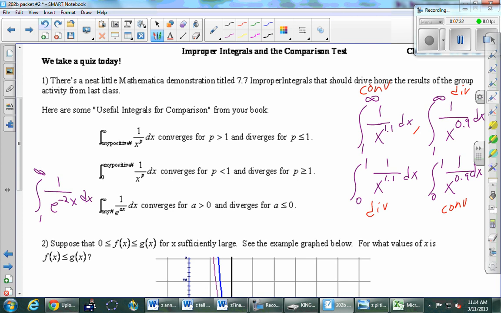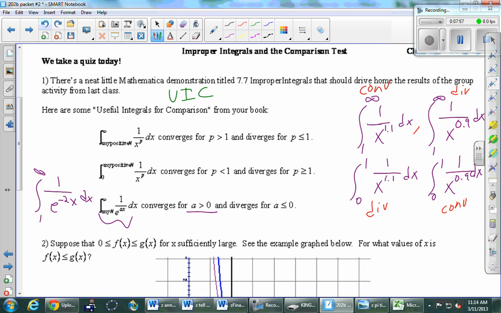So as long as the e is really downstairs, then this integral right here will converge. And a bigger than 0 is our way of making sure the e is really downstairs. So if a is more than 0, that integral converges, otherwise diverges. So 3 useful integrals for comparison. I'm going to call this list UIC, useful integrals for comparison, okay?